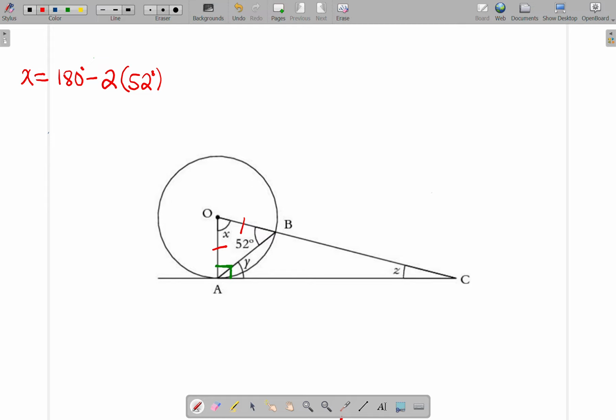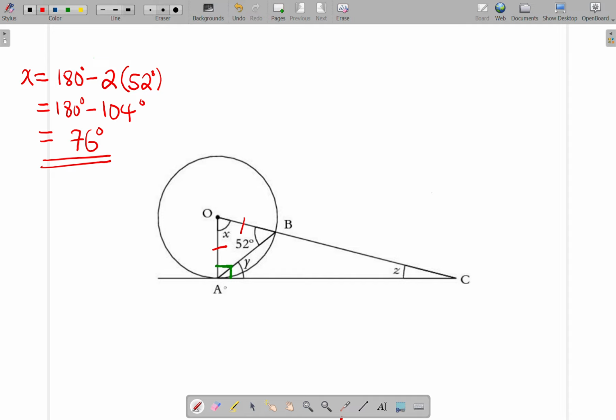Now I have 104 there. So this is 180 degrees minus 104 degrees, which is going to give me 76 degrees. This is my value for x. As simple as that.